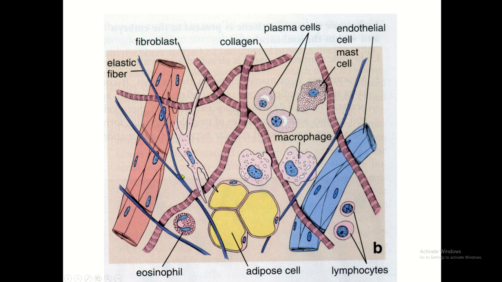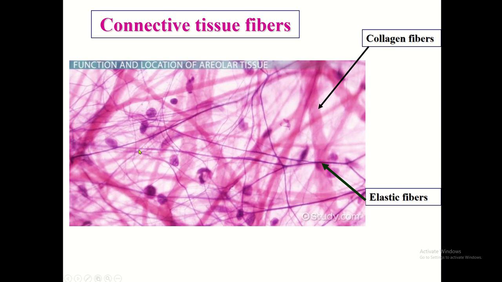This thread-like, branching, black fiber is the elastic fiber, and reticular fiber is not visible in HE stain. So you see, this is the collagen fiber, thick, wavy, pink, and the black branching thin one is the elastic fiber.